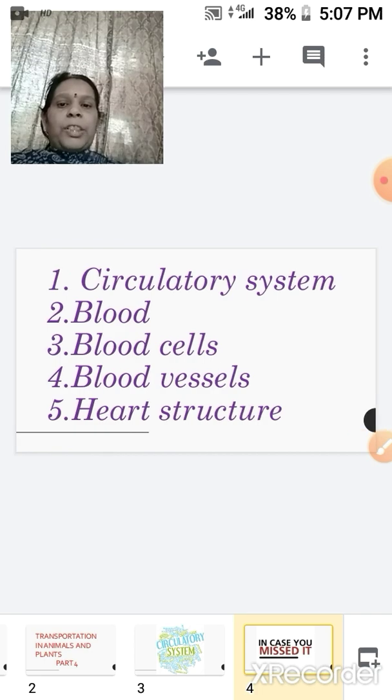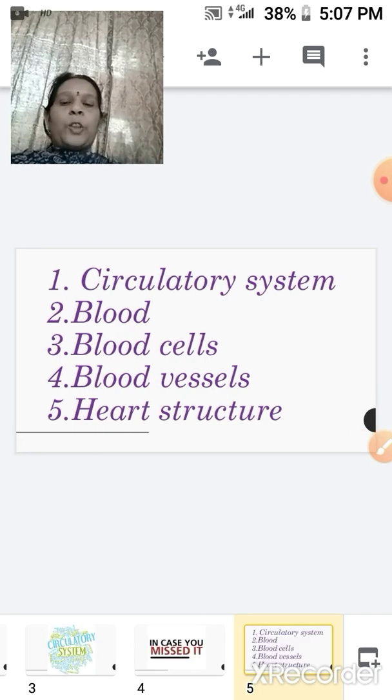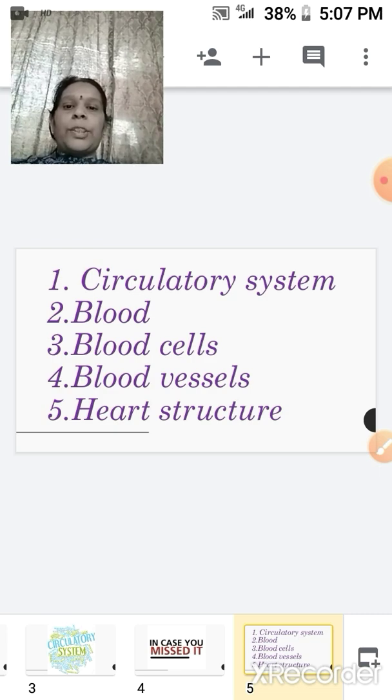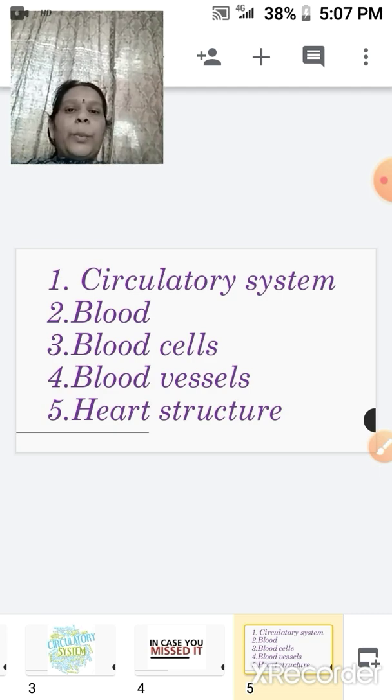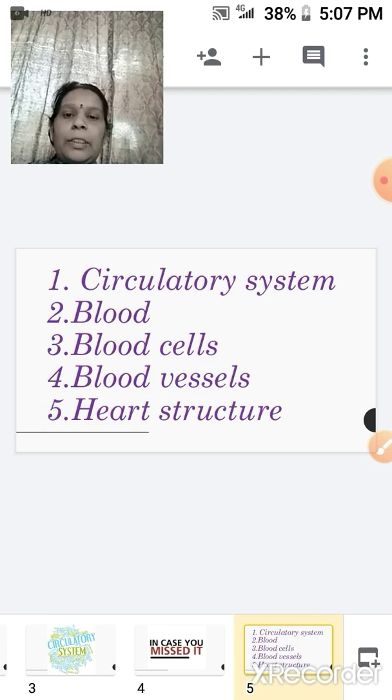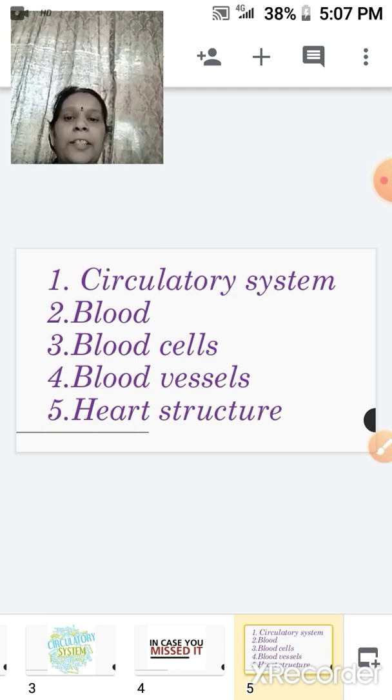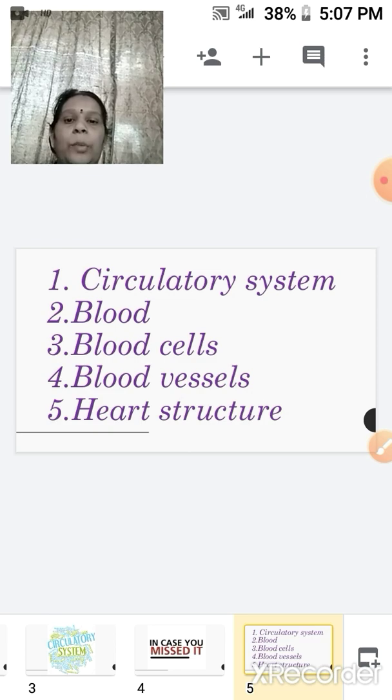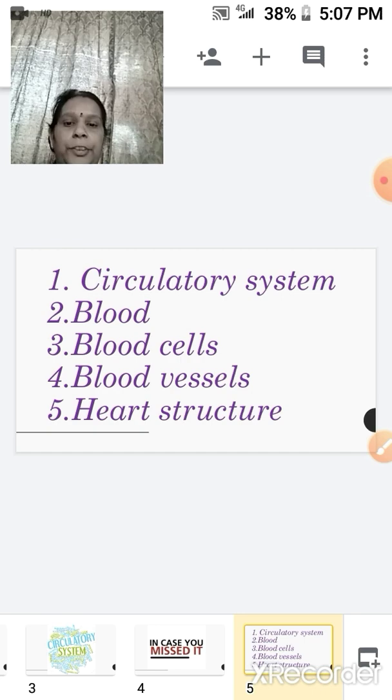In case you missed our last three periods, the topic that we have already taken up is the introduction of the circulatory system. We discussed the blood, its cells, blood vessels, and in the last period we discussed the structure and the location of the heart.